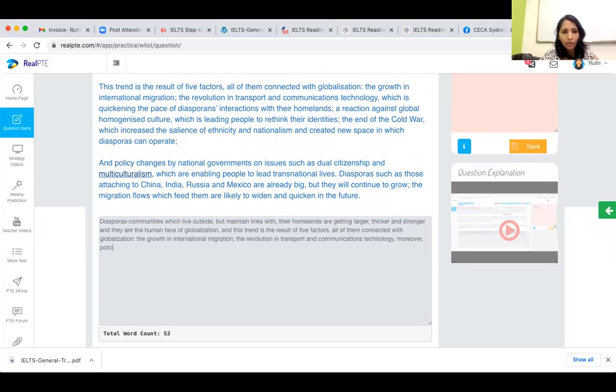Moreover, policy changes by national governments on issues such as dual citizenship and multiculturalism, which are enabling people to lead transnational lives.